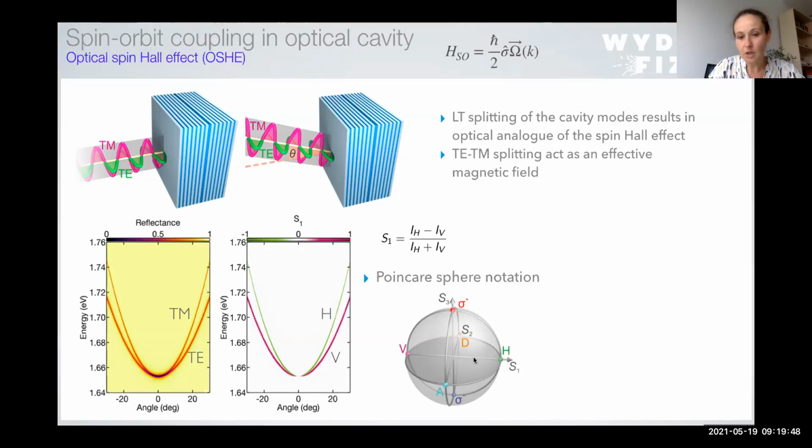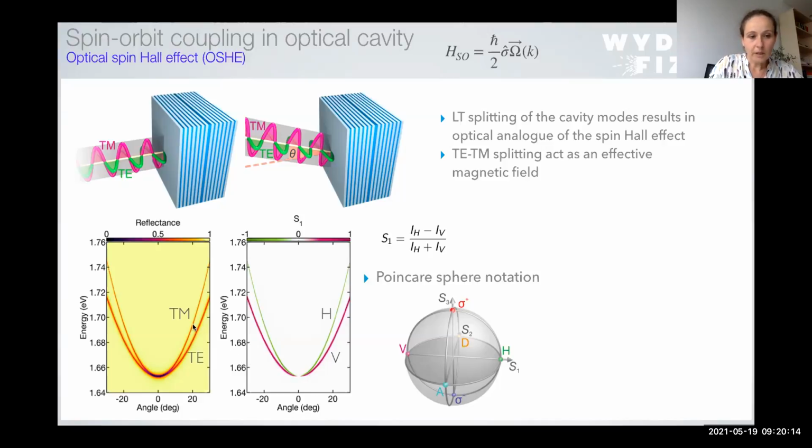With this notation, I have the horizontal and vertical mode, the diagonal and anti-diagonal mode, and the sigma plus and sigma minus mode on the equator. You can see that the TE and TM modes are vertically polarized, and this leads to many important effects for polaritons or for pure photons itself.